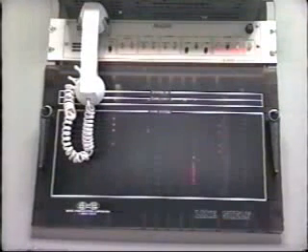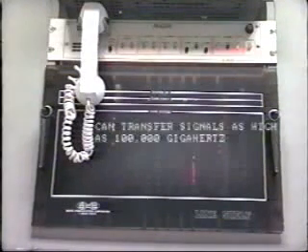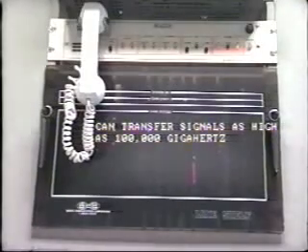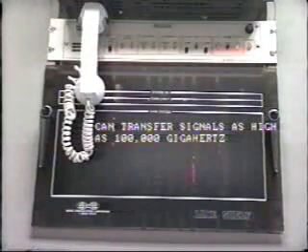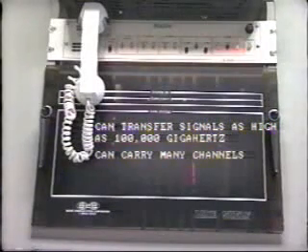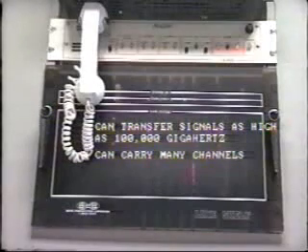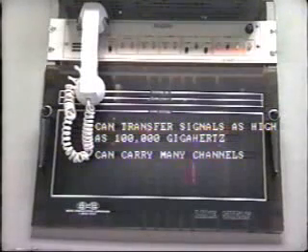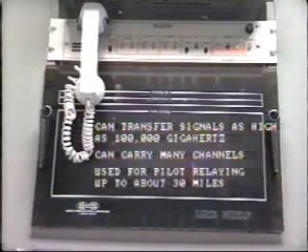A high-quality optical fiber link can transfer ultra-high frequency signals as high as 100,000 gigahertz. This means that one fiber optic link can carry a huge number of communication channels. The optic communication channels are typically installed in place of twisted pair solid conductors for pilot relaying up to about 30 miles. They are often used in conjunction with audio tone signals.